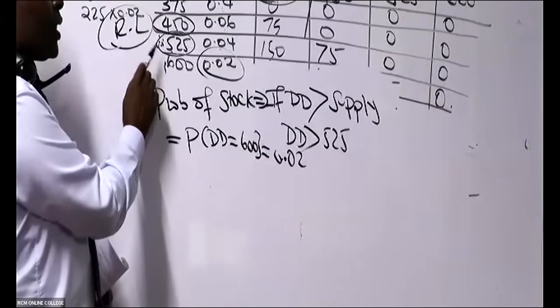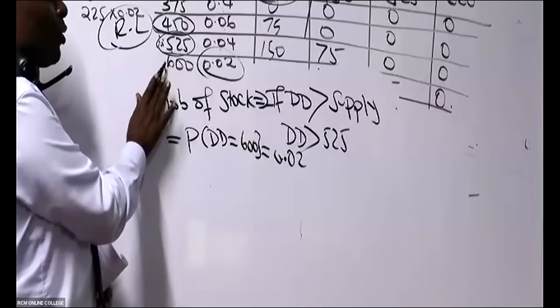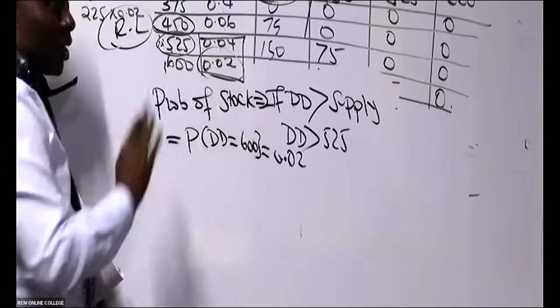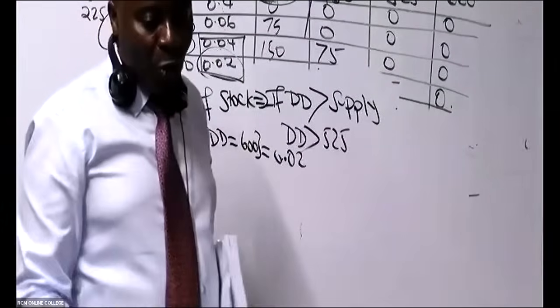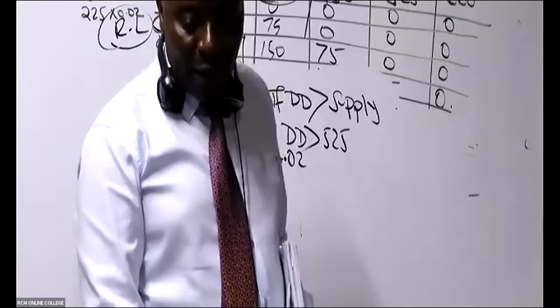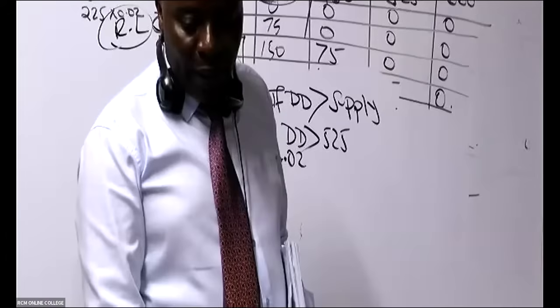Either the probability of 525 or the probability of what here, somebody? 600. So you simply add the two probabilities, because or means add.